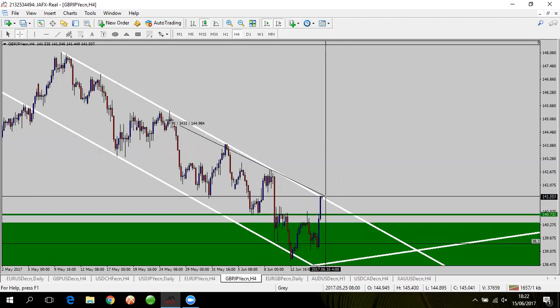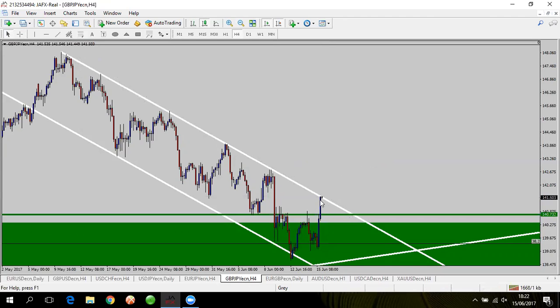If this channel was drawn wrong by anyone else and they see these wicks, that's 1, 2, 3, 4, 5 unsuccessful breakout attempts that people will get caught on. So if you draw your channel right, you don't have to worry about it. But if you don't, I would suggest buy low, wait for the retracement, sell high at extension levels. Right now we're at an extension level, so it doesn't make sense to buy the breakout.